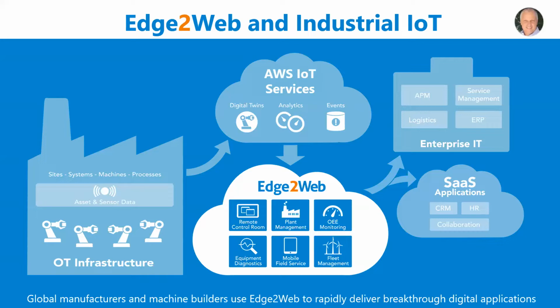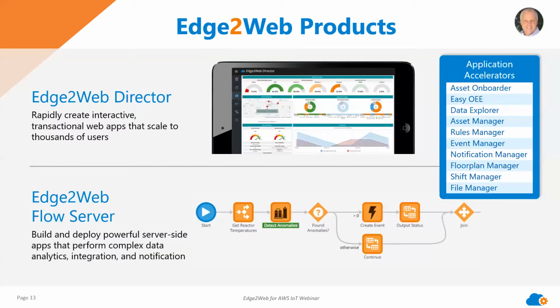Applications built in Edge2Web for AWS are scalable from small work groups to global enterprises, and they're secured using AWS best practices. Our mission is to give your app builders access to all of the power of AWS, again, without requiring them to master all of the platform's complexity.